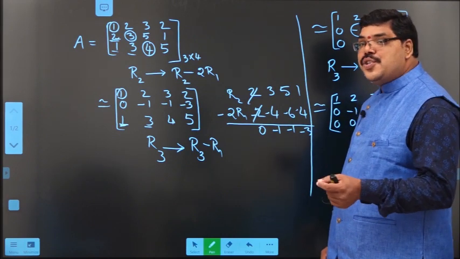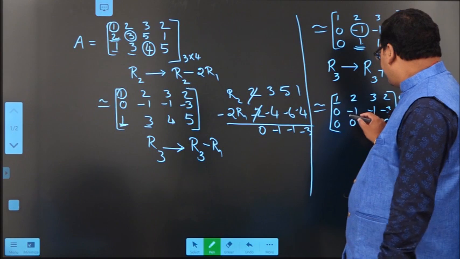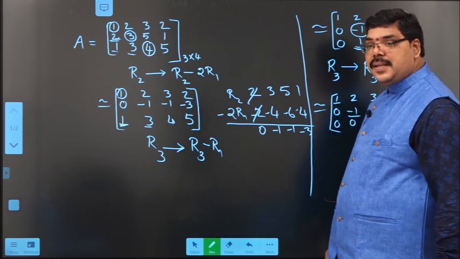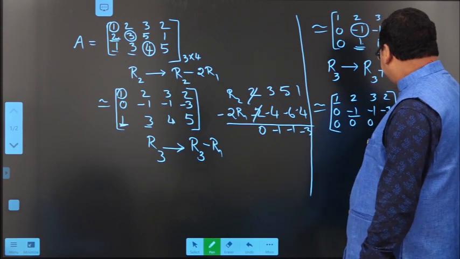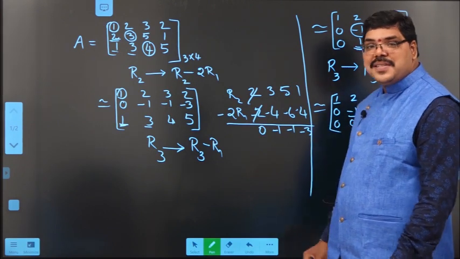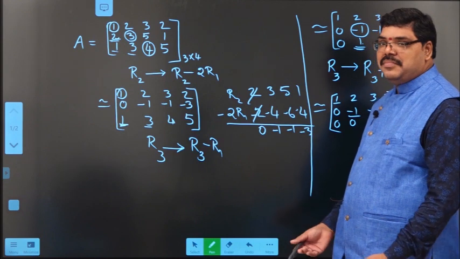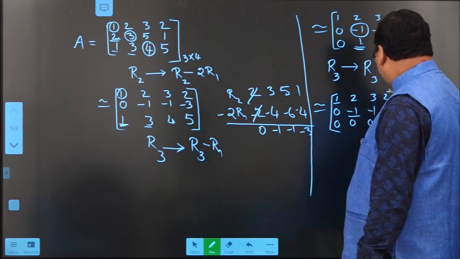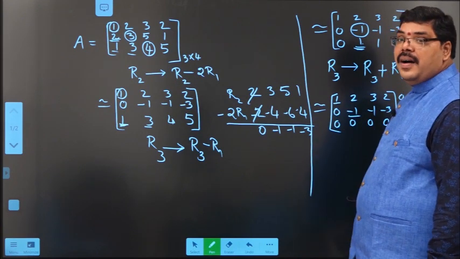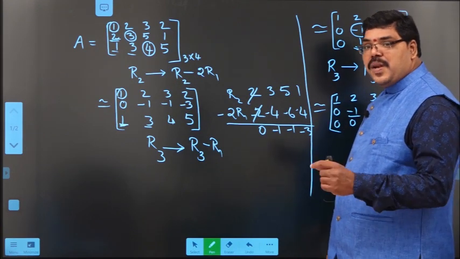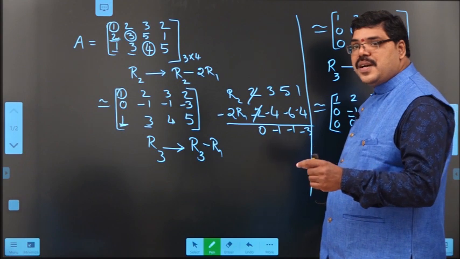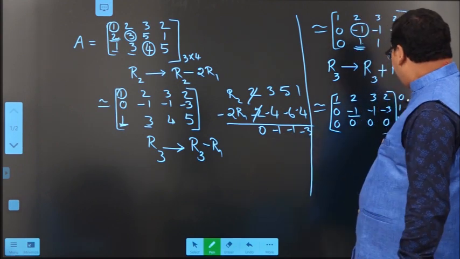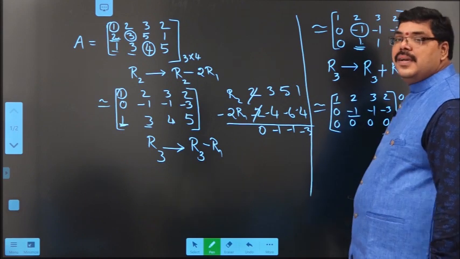What is the first non-zero element in the second row? Before that, how many zeros are there? 1. What is the first non-zero element in the third row? All are zeros. So, count all of them. Now, the number of zeros before the first non-zero element, increasing row-wise, is 0, 1, 4.